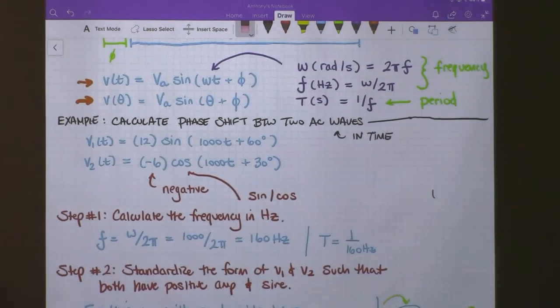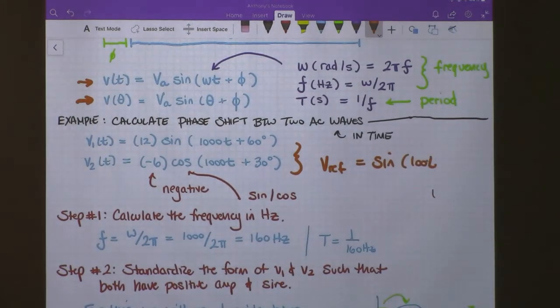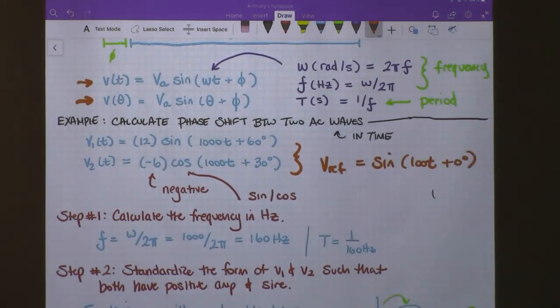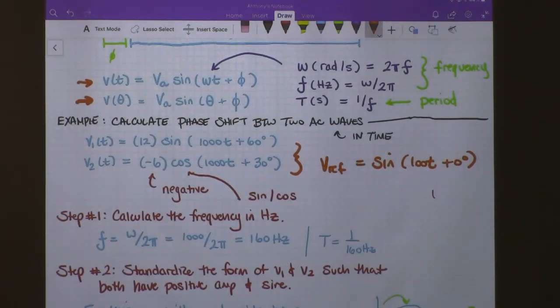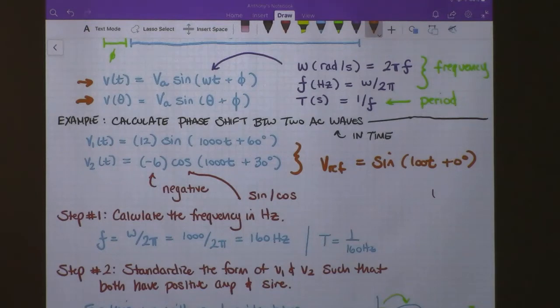So we have a third wave, which I could call V ref, which is equal to sine of 1000 t plus 0. When we're working in degrees, we can kind of assume that's the case. It's only when we're working in time that we would need to know the time of that zero crossing.